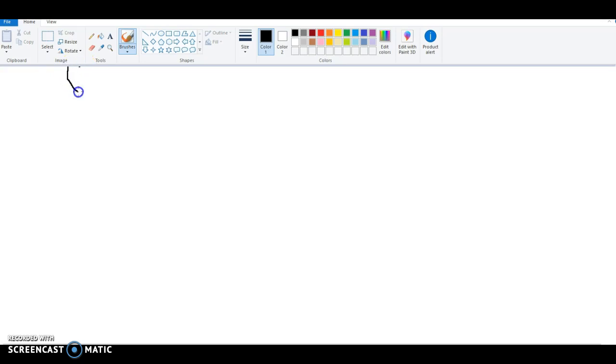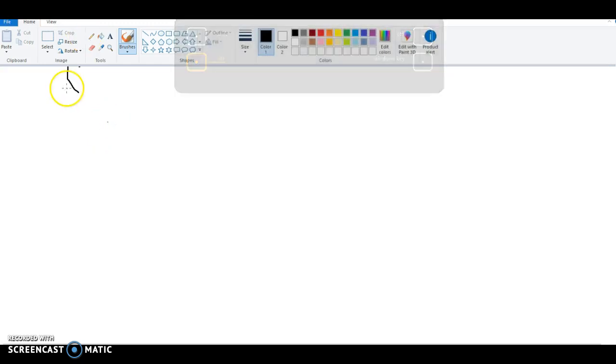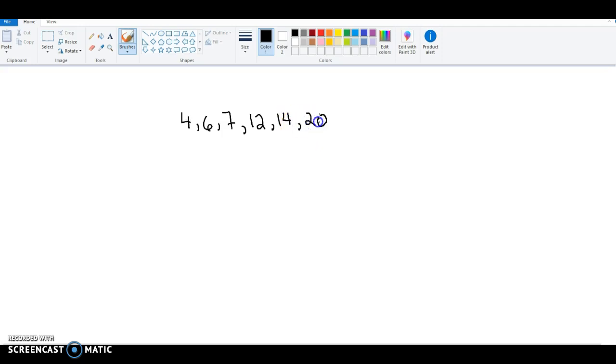Let's say we have 4, 6, 7, 12, 14, and 20. So 6 values.